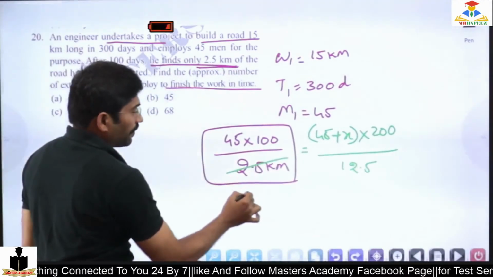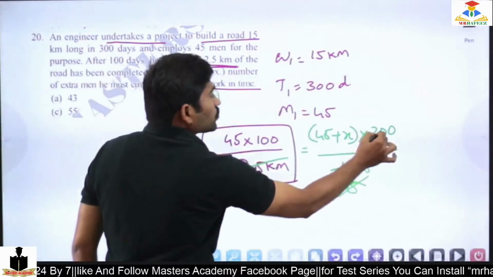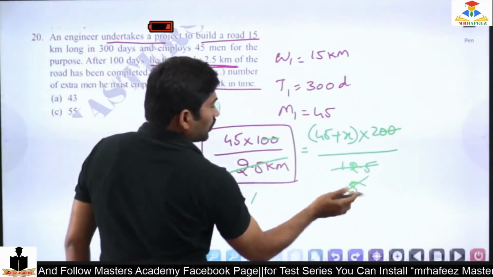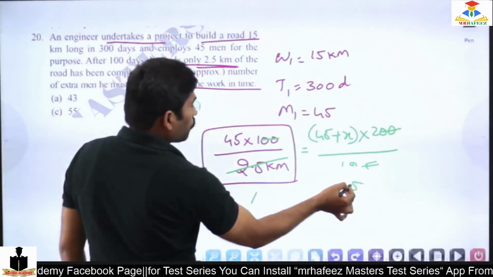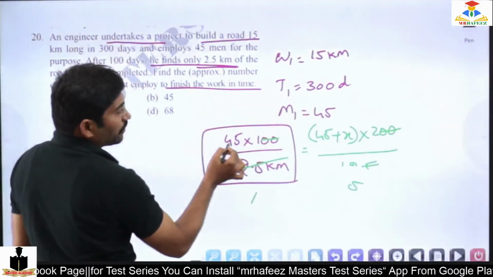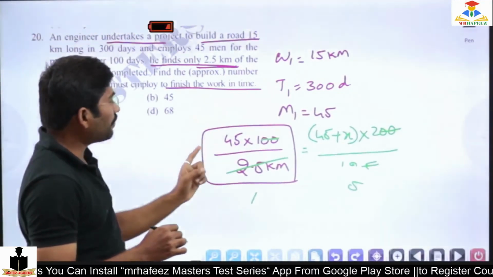So 2.5 once, 2.5 5 times, 5 once. So the 2 zeros cancel. I cannot cancel 5. So this 5 times 45 is 225.